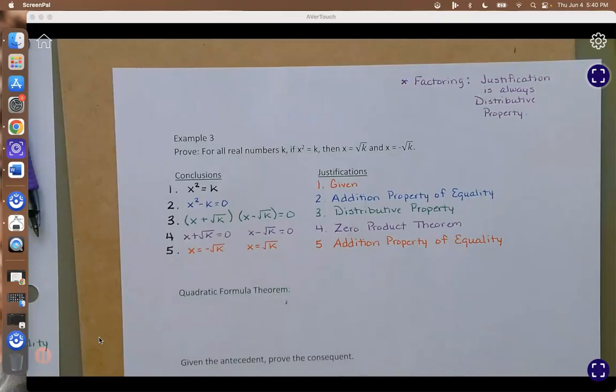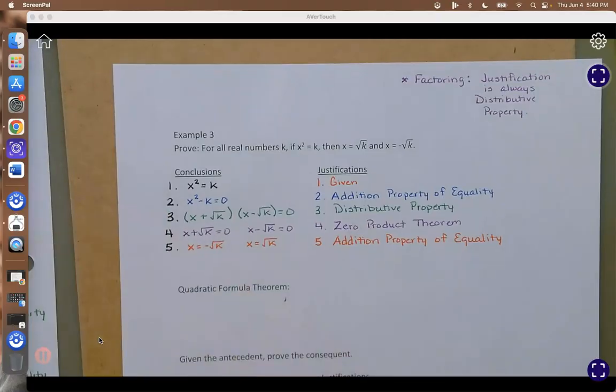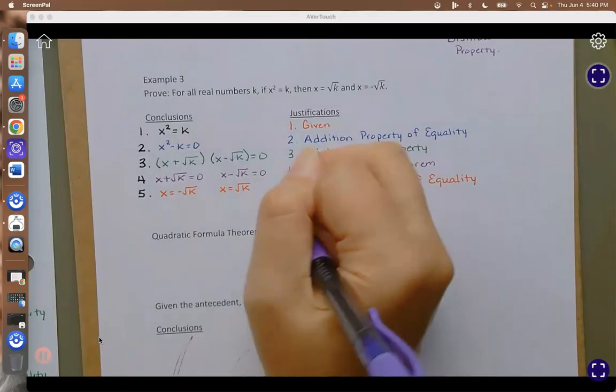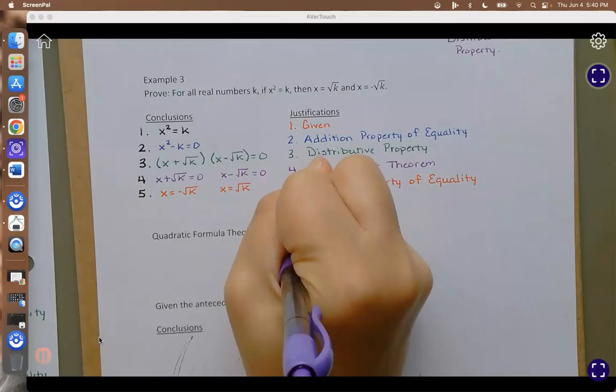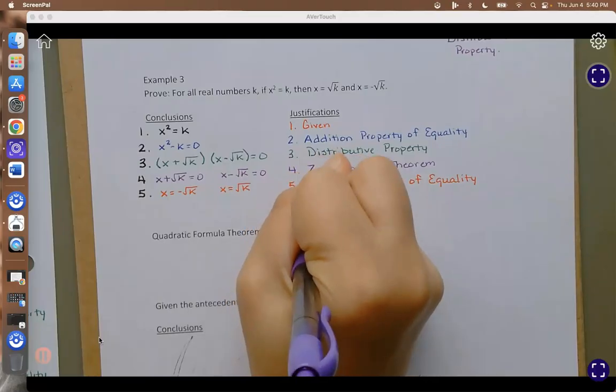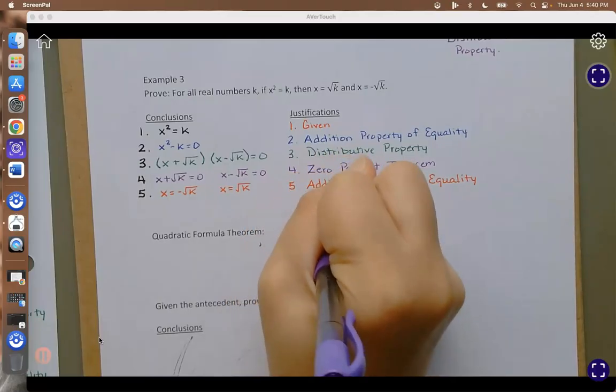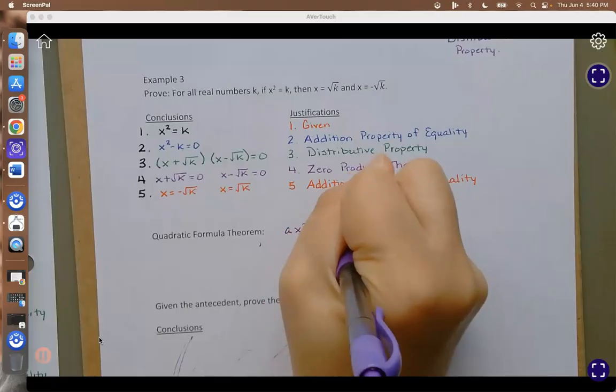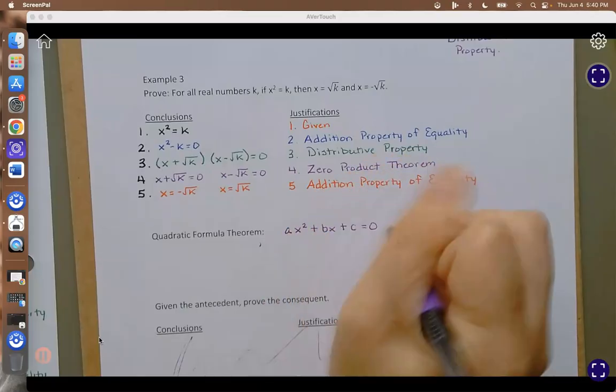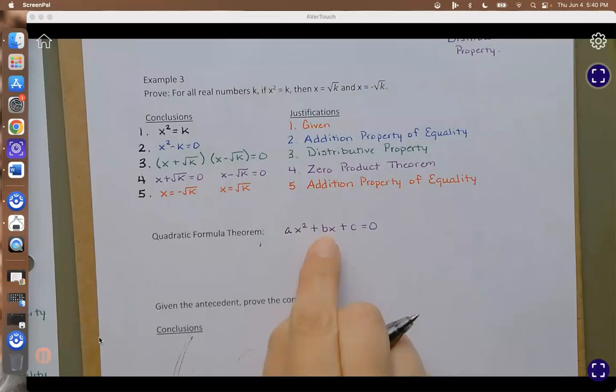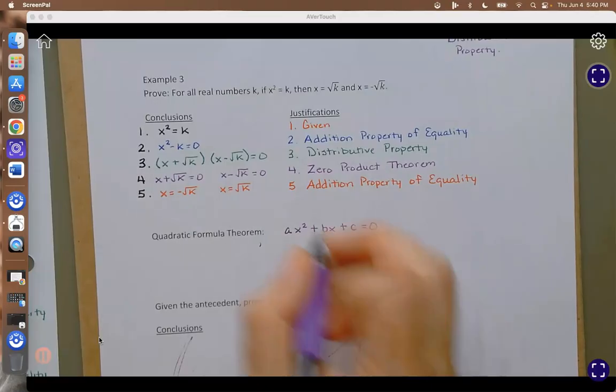Now, the only reason I'm sticking this on here is some of the questions that you have on your assignment are going to be solve the quadratic, and you're going to need to do that by quadratic formula. Okay, and to refresh your memory, remember our quadratic formula starts by making sure you have everything in order. You have a square term, you have a linear term, which is the plain x, and a constant term.